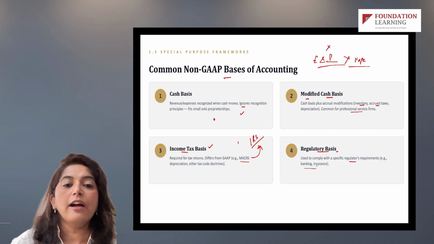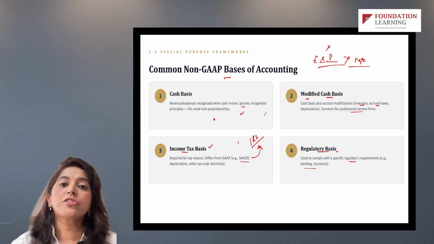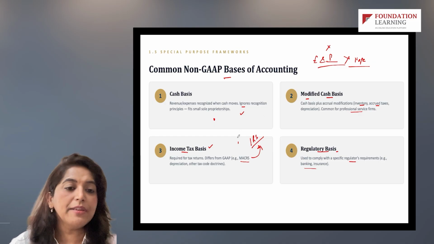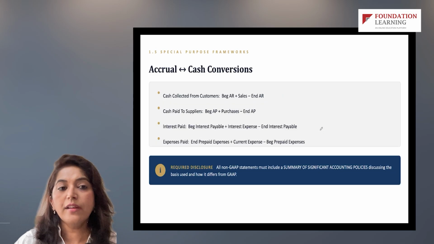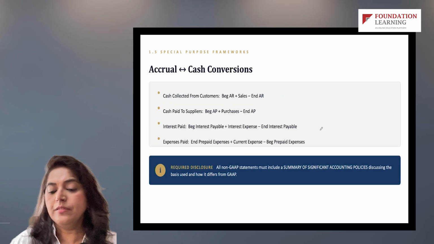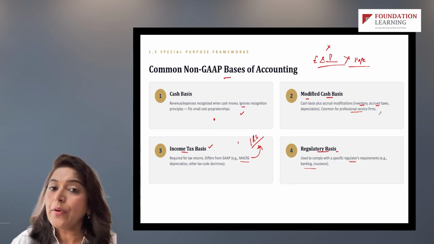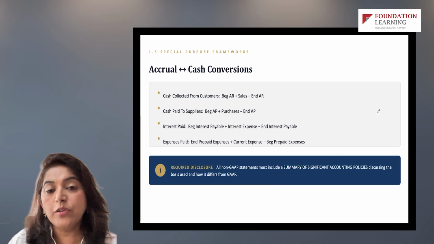So you have 4 major categories of accounting basis: cash basis, modified cash basis, income tax basis, and regulatory basis.